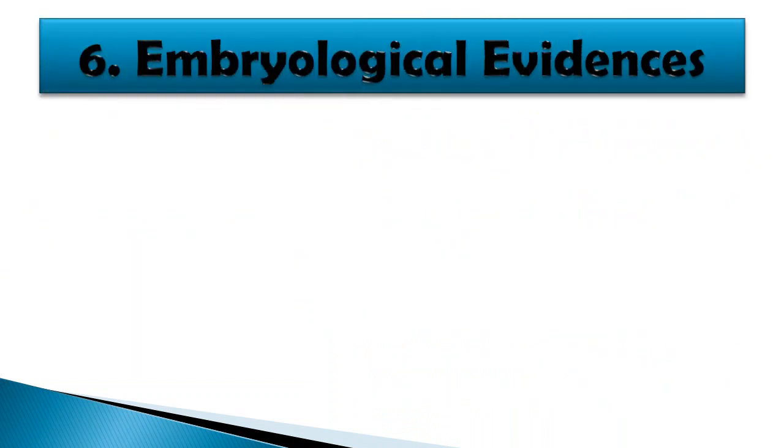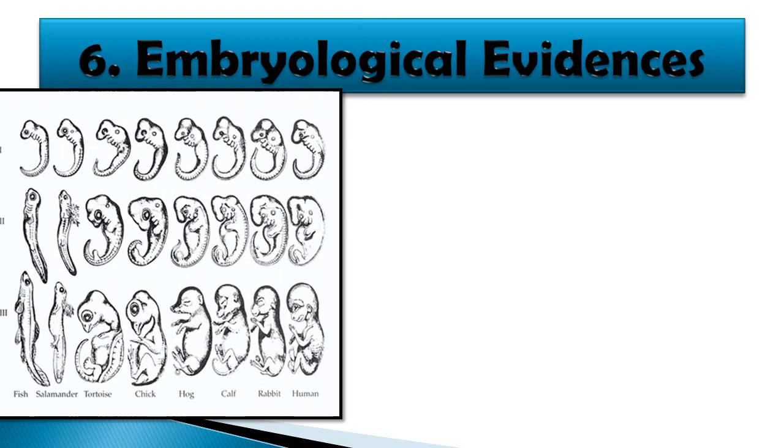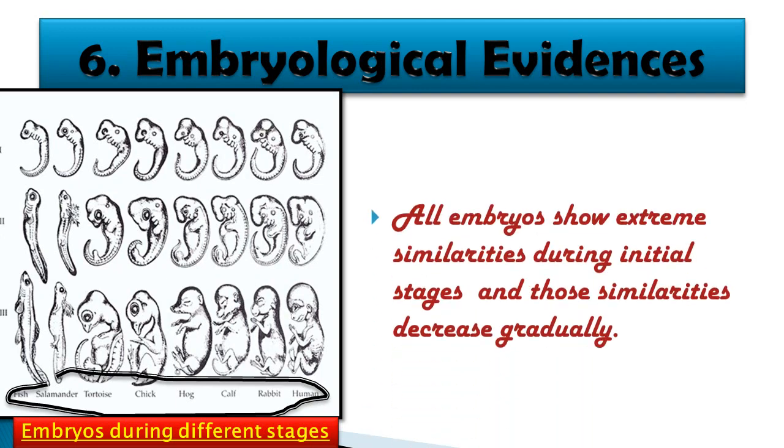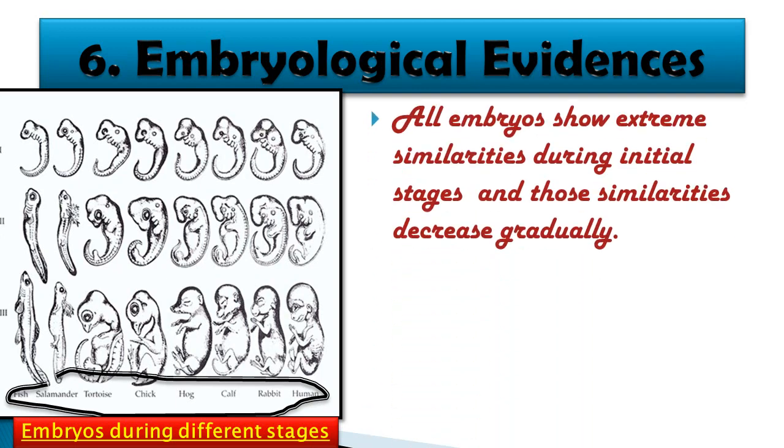Okay, so the next, sixth evidence is embryological evidence. Students, I have put embryos at different stages. Here are the embryos of different organisms: fish, salamander, tortoise, chicken, pig, cow, rabbit and human being. If you observe, all embryos show extreme similarities during their initial stages.